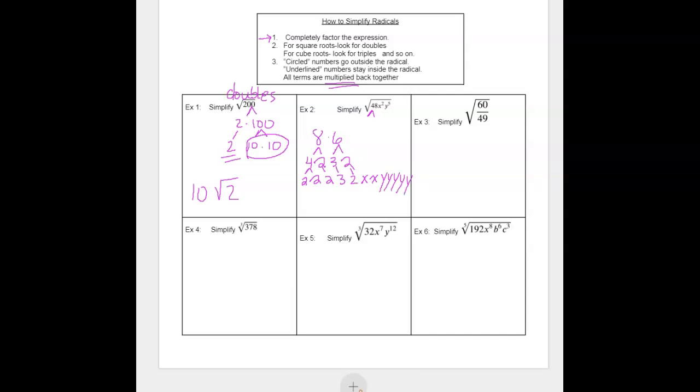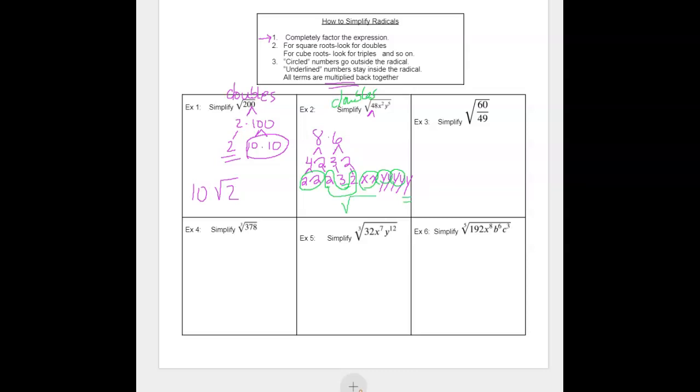All right. So then I'm going to circle, it's a square root, so we also want doubles. So there's a double. This, I'm going to put it in the same circle. That's a double. Double, double, double. My single, I do have a single 3. So now we're going to put everything back together.